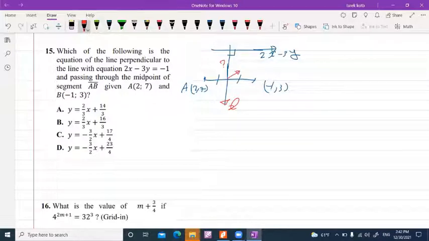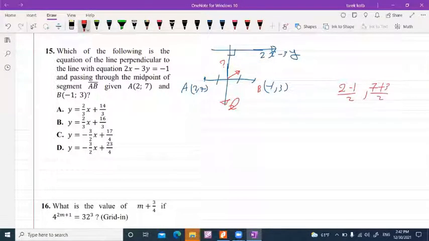Since the line passes through the midpoint of the segment AB, what's the point here? It will be the average of these 2 points. If you get the average of 2 and negative 1, 2 minus 1 over 2, and 7 plus 3 over 2, this forms the midpoint. 2 minus 1 equals 1 over 2 equals half.